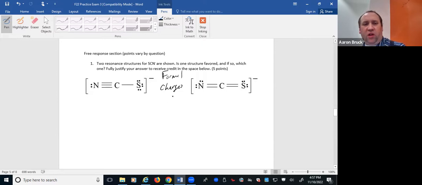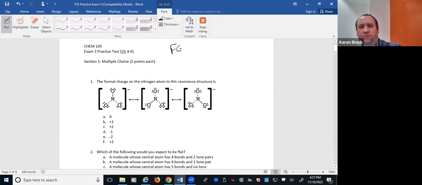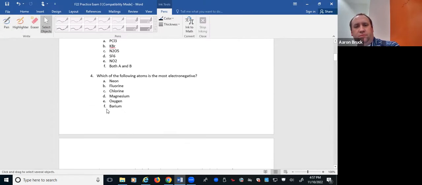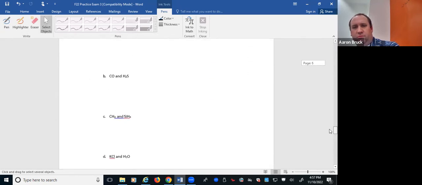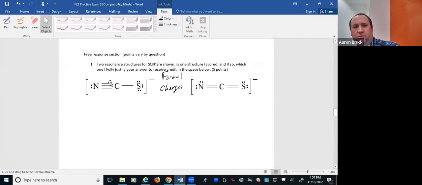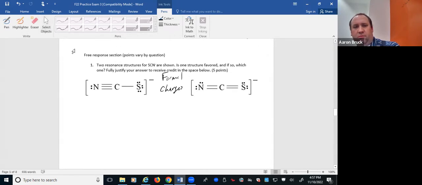And so if we look at this, remember, formal charge is equal to the number of valence electrons minus the dots minus the bonds.